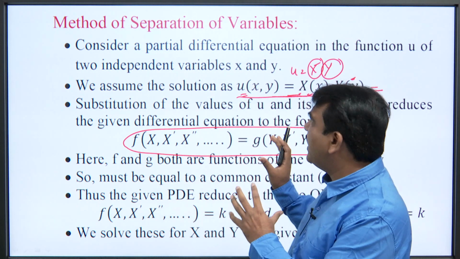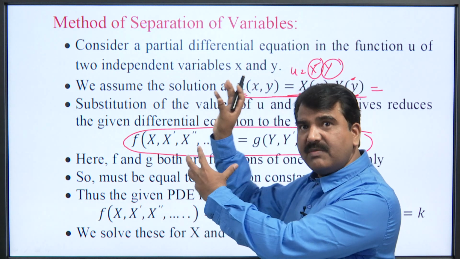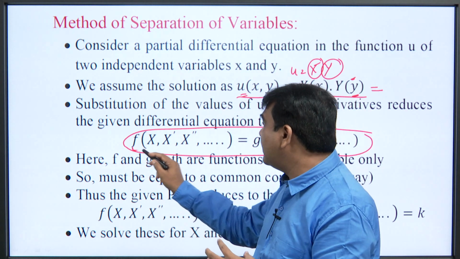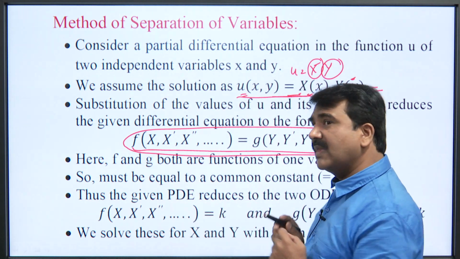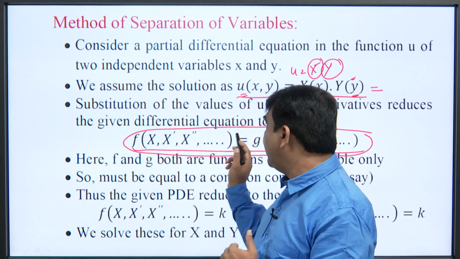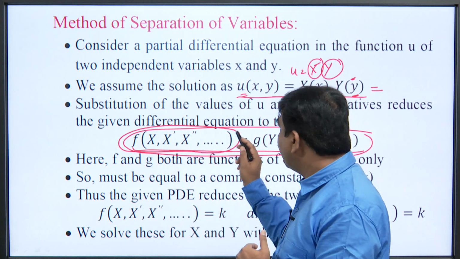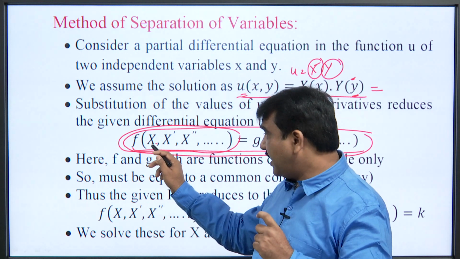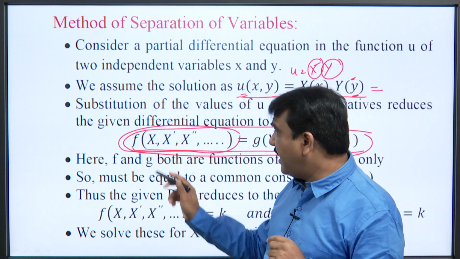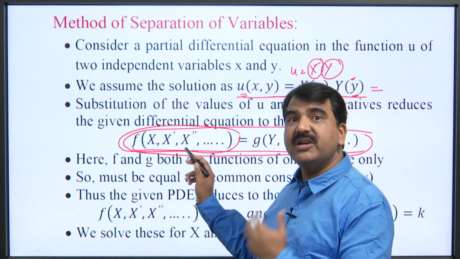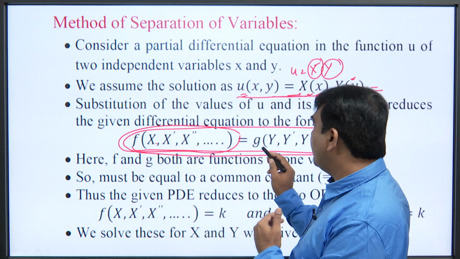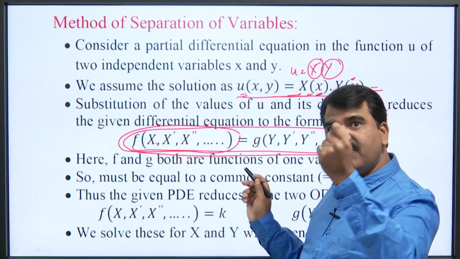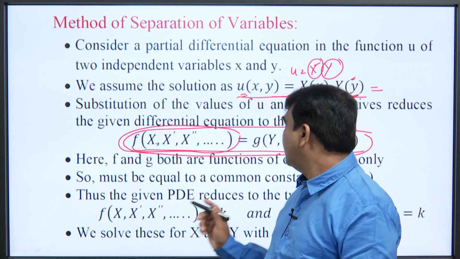So, after substituting these values in the given differential equation and simplifying, we can write the equation in this form, where we can observe that this is a function of x only and its derivative with respect to x, that is the ordinary derivative, and on the right hand side we obtain another function of only one independent variable y.